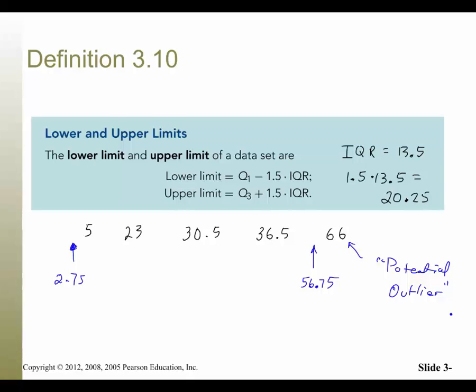Okay, so now once we have the upper and lower limits, we make what's called a box plot, or a box and whiskers plot. That's a visual representation of the spread of the data based on the median, based on the 5-number summary and the limits. So make a scale here.